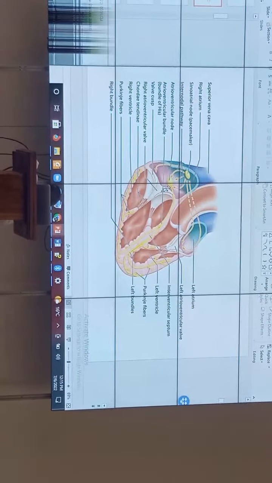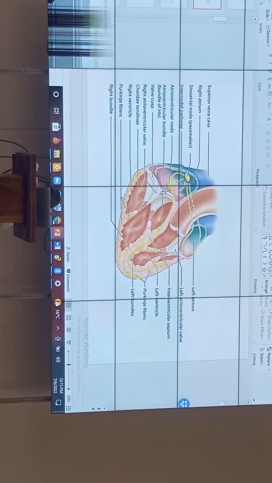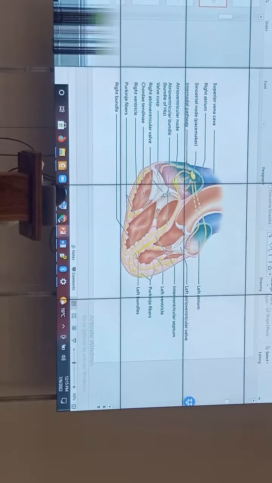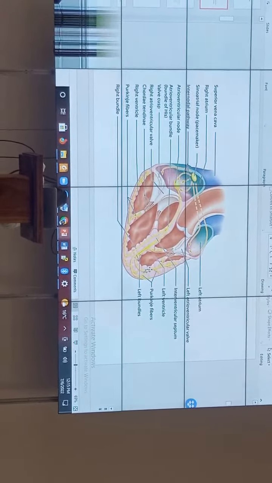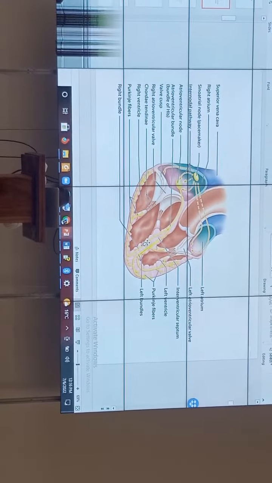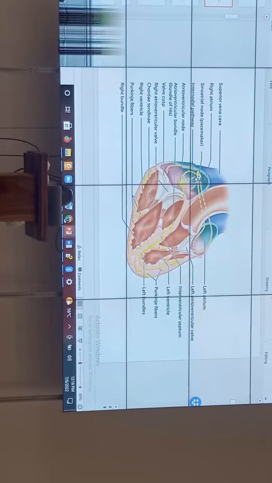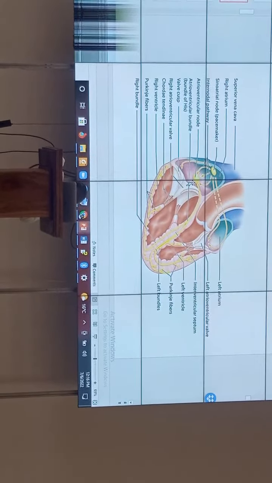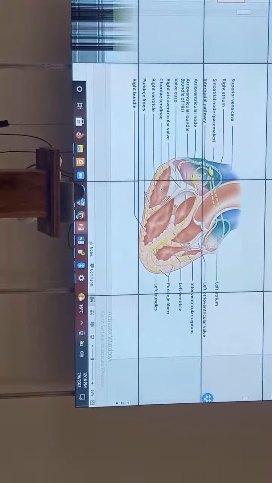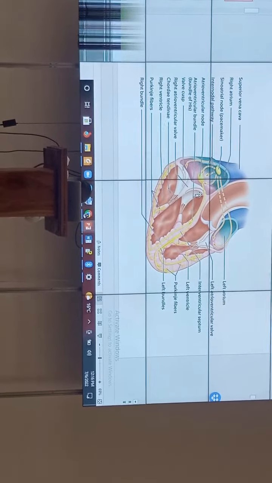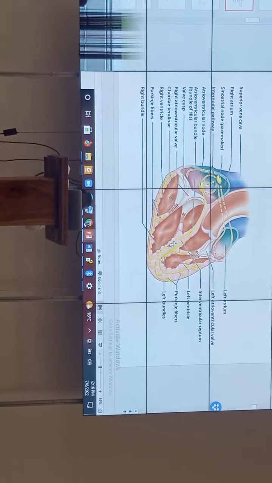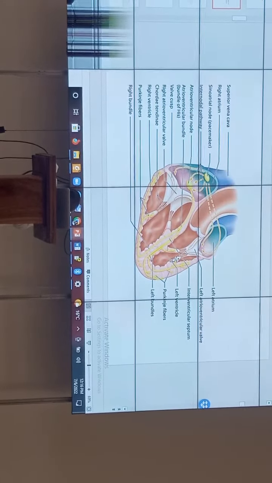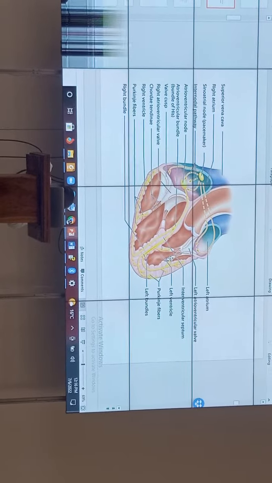It also comprises the atrioventricular node, the atrioventricular bundle of His, which branches into these bundles or branches, which terminate into the Purkinje fibers. Okay, so those are the components of the conducting system.